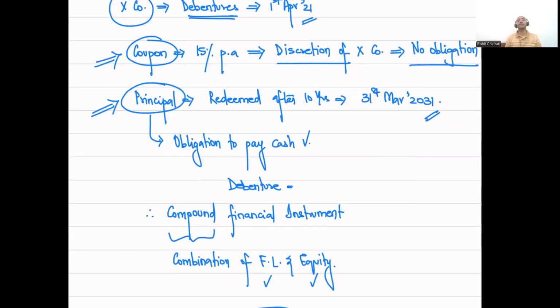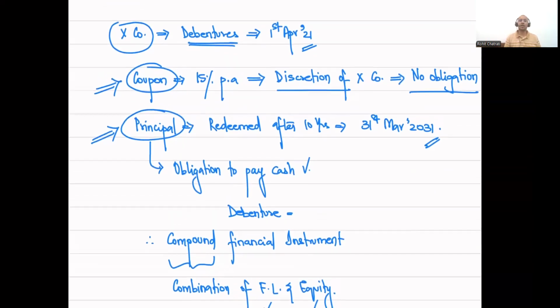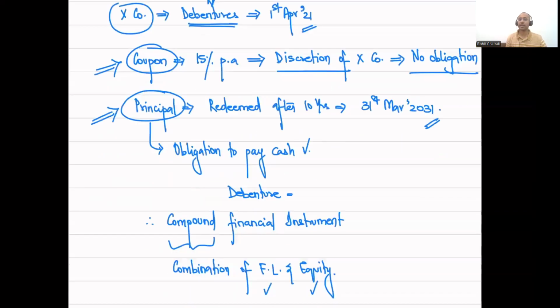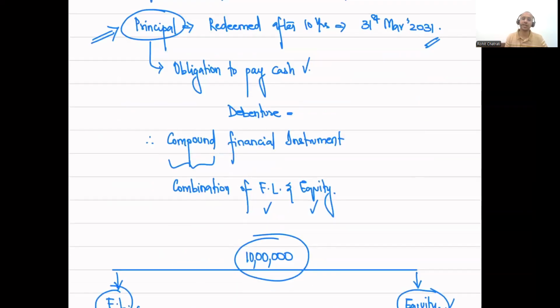Compound financial instrument basically represents a combination of financial liability and equity. Because coupon is not mandatorily required to be paid, that has a characteristic of equity, but the principal is mandatorily required to be paid, and therefore it has a characteristic of financial liability. Therefore, the debenture as a whole is going to be considered as a compound financial instrument.